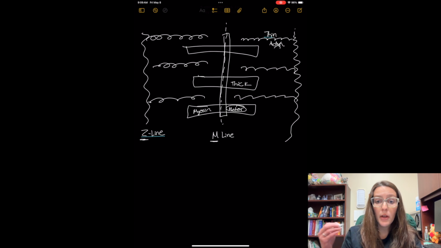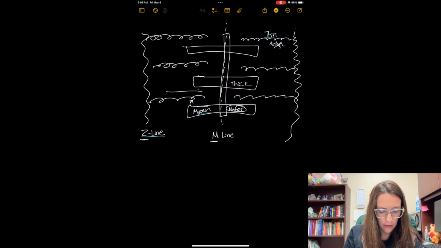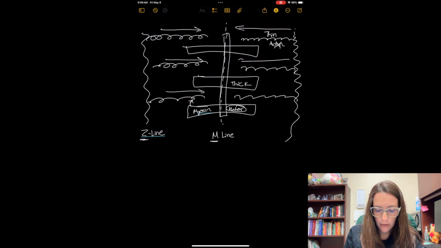Now remember, actin is not the one driving the movement, myosin is. We'll explain how this works, but the myosin is going to pull on the actin so that it moves in. So when I'm doing a contraction, the Z line is going towards the M line, okay?